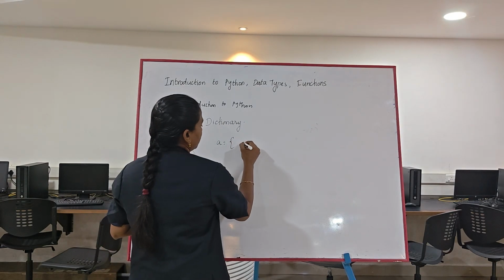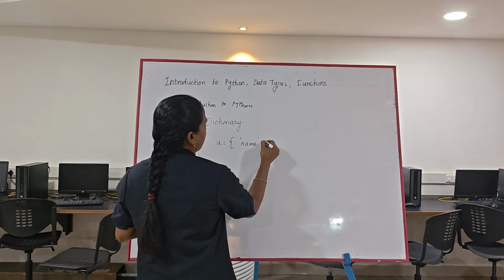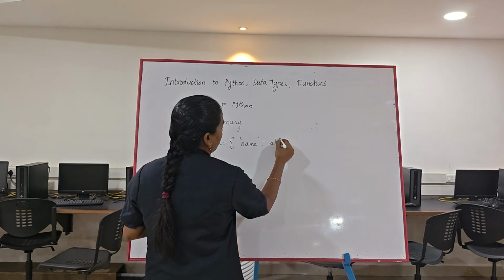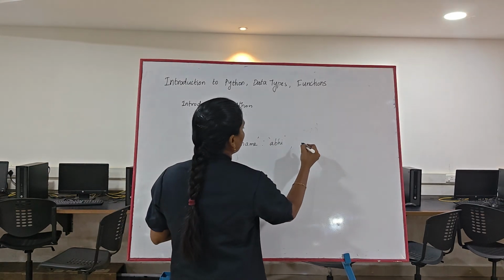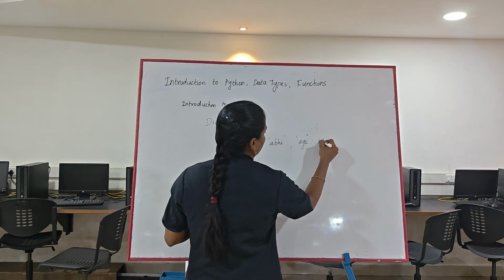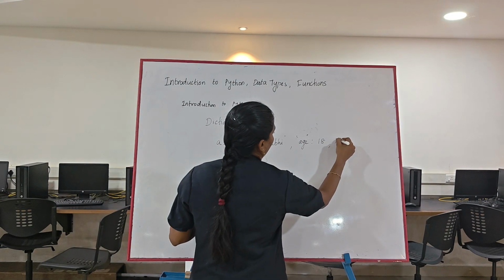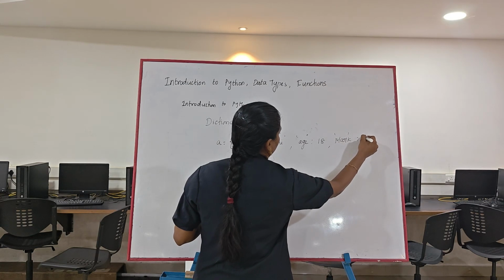For example, name, comma, age, comma, mark, 70, 80.